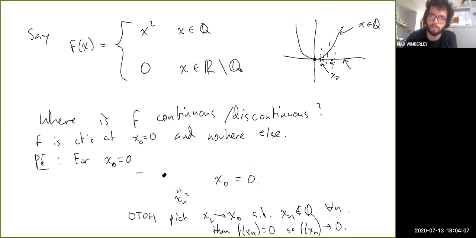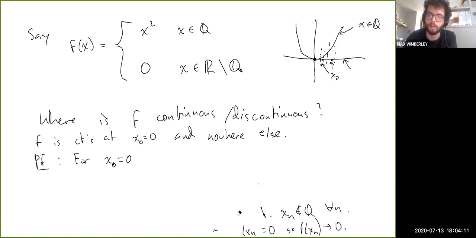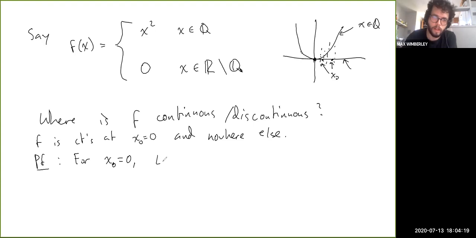What we really should do is let xn be an arbitrary sequence of real numbers converging to 0, because x naught is 0.